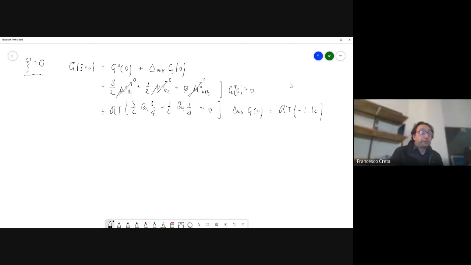So again, let me just try and draw it finally. What do we have here? We have essentially psi changing, going from 0 to 1, okay?